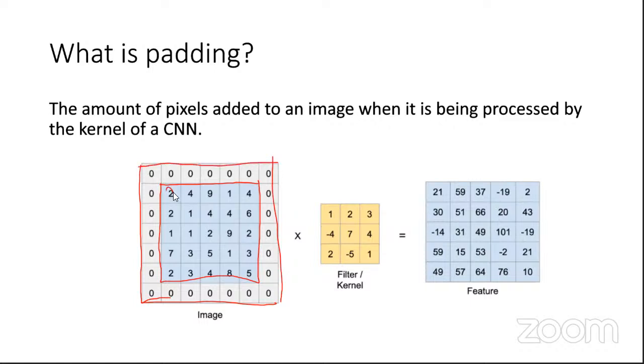These are pixel values, which are present inside. You add these pixels around the image while processing in CNN. This is called zero padding, meaning the values we add around the image are zeros, right? This is called zero padding.